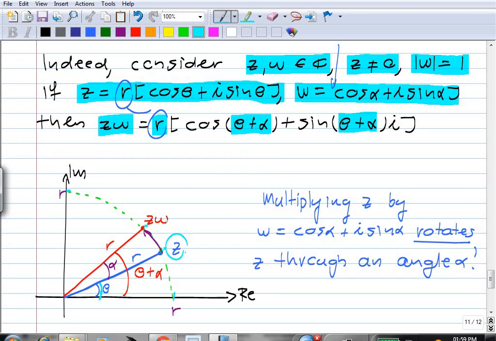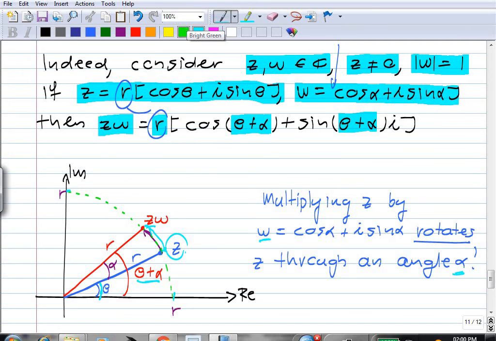But the argument of zw is theta plus alpha. So what have we done to get from z to z times w? We've rotated counterclockwise, this is for alpha positive, along the circle. So what does this tell us? Multiplying z by this complex number w rotates z through an angle alpha, alpha being the argument of w.